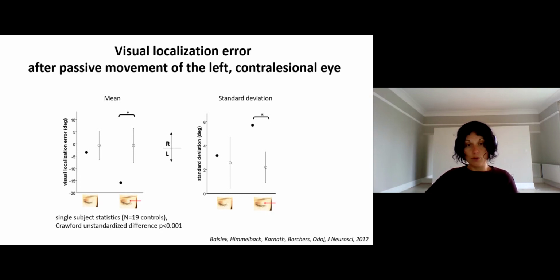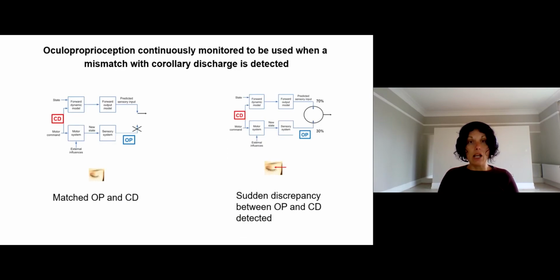So to conclude, based on these results, I think both models are correct in different situations. When ocular proprioception and corollary discharge are mismatched, like in the condition where the patient pushed the eye, then opened the eye to conduct the task, then ocular proprioception is used alongside the corollary discharge.